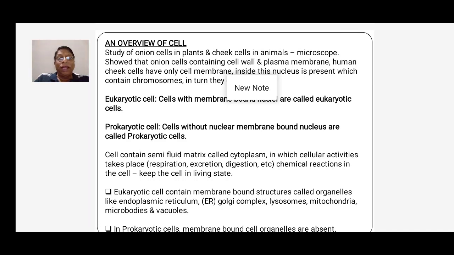In addition to that, the cell shows at the center small spherical shaped structure called nucleus.